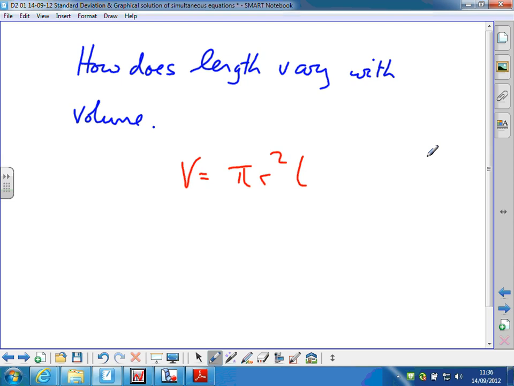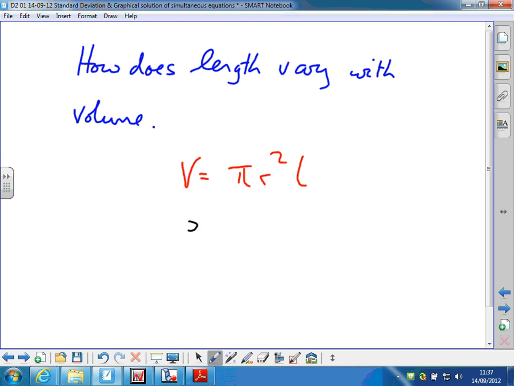Basically, you're rewriting this function, but deciding which is your x and which is your y, Tom, and which is constant. No, not rearranging the formula. How does length vary with volume? I'm changing the volume, so is that the dependent or the independent variable? Independent. So what will that be, x or y?